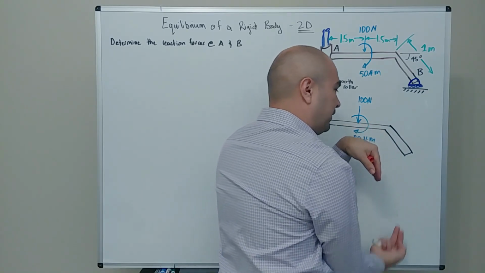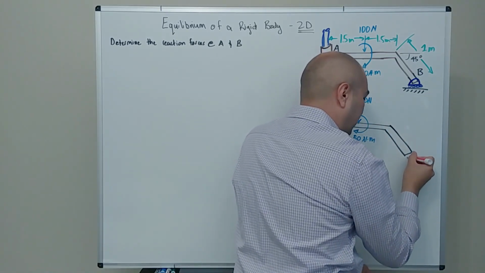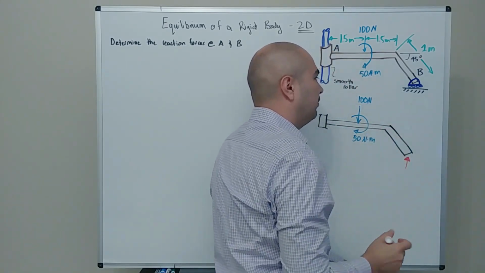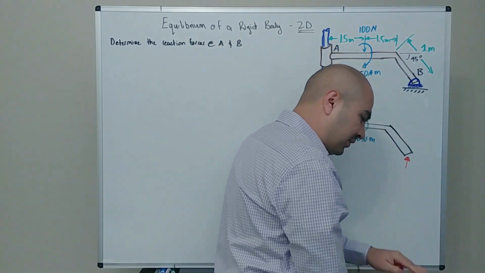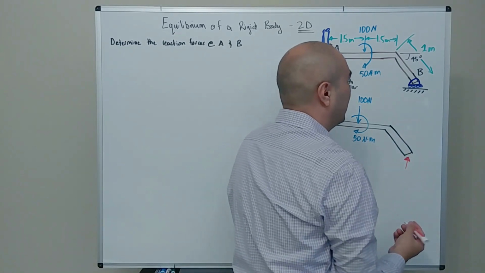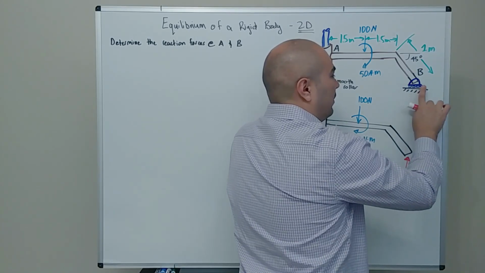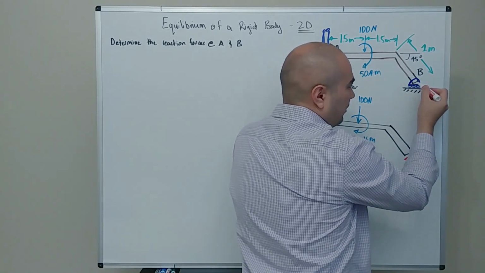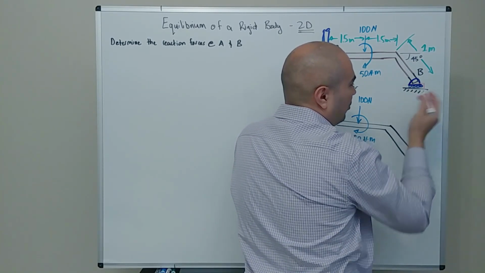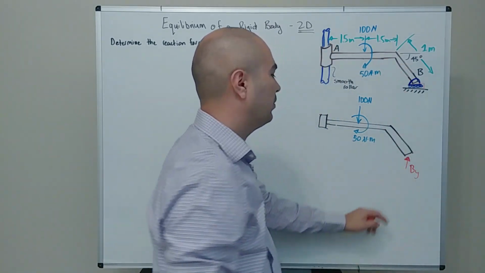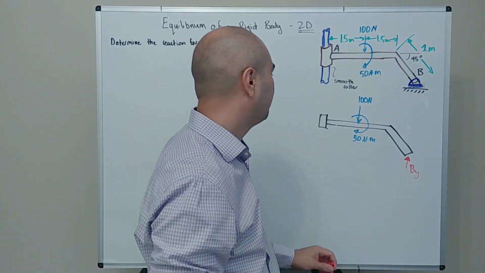The ground is going to resist and put a force back up over here. So always think, what is my body going to feel? I cannot drive it down. It's going to feel resistance from the ground up. Let's call it B. The roller is always going to be normal, or perpendicular, to the surface. In this case, the ground is horizontal, so this is going to be strictly vertical. We're going to call this BY over here.